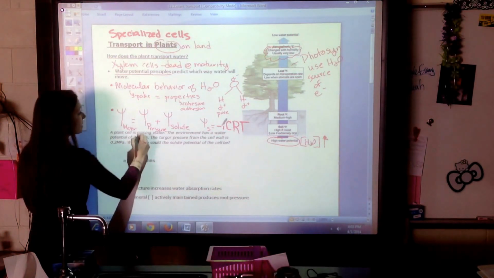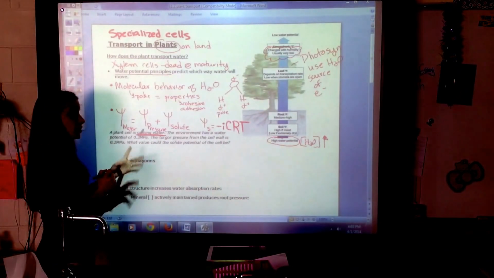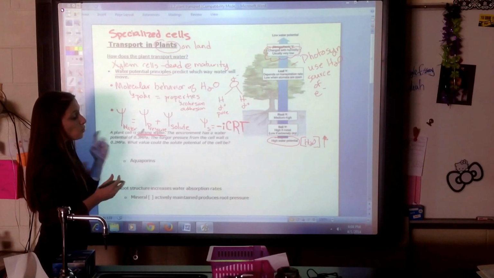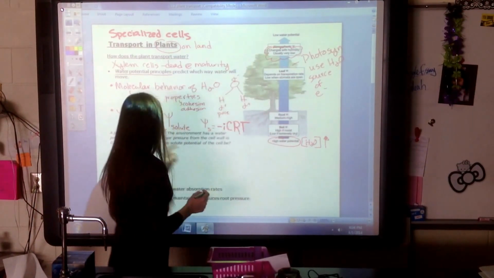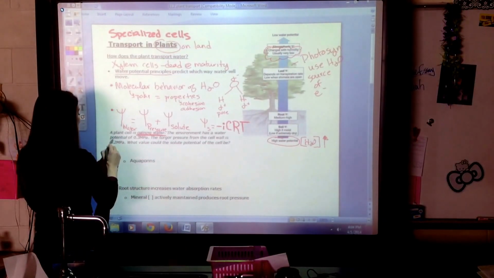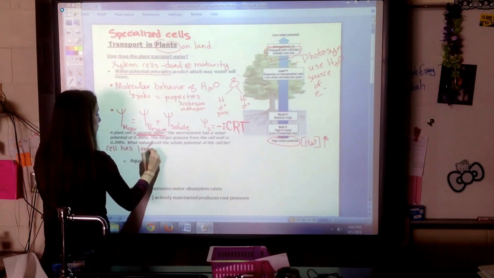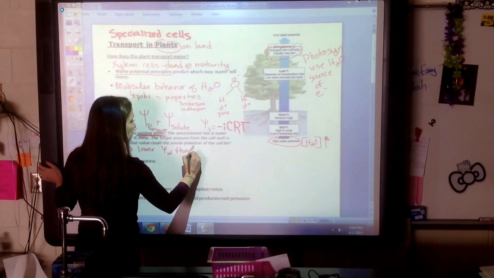A plant cell is gaining water. That means that water is moving into the plant cell. Now remember, water moves from high water potential to low water potential. So if the cell is gaining water, that must mean that the cell has a lower water potential than the environment.